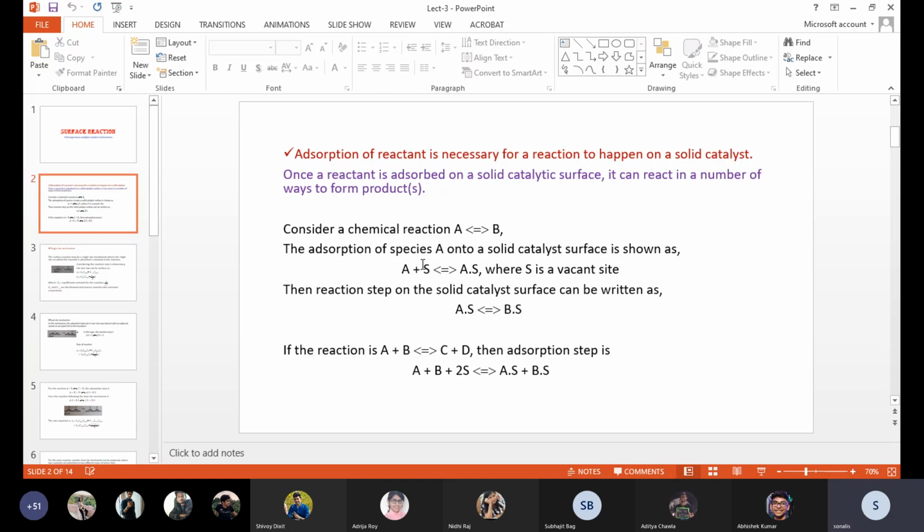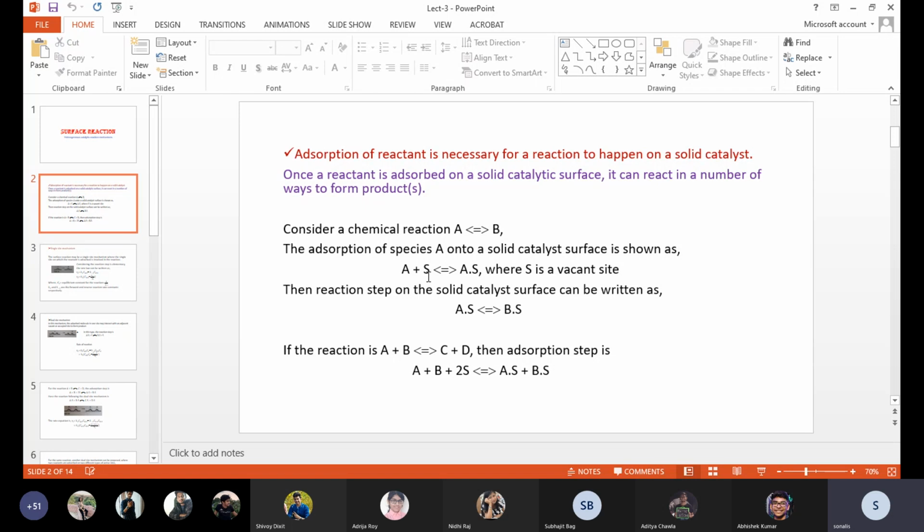How can we represent the adsorption of species A onto a solid catalyst surface? Without the adsorption of A on the solid catalyst surface, no B is formed. So here we can consider one catalyst active site on which one molecule of A is adsorbed and gives us A·S, the adsorbed species, where S is a vacant site.